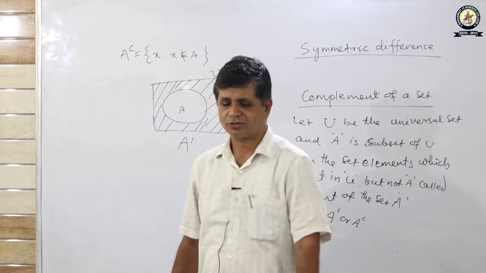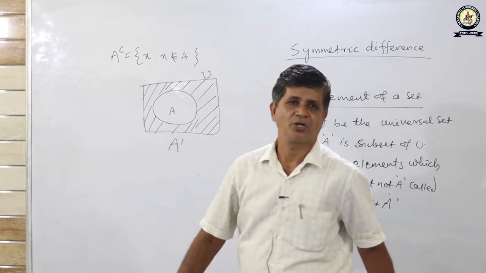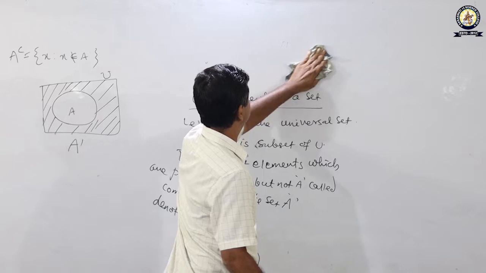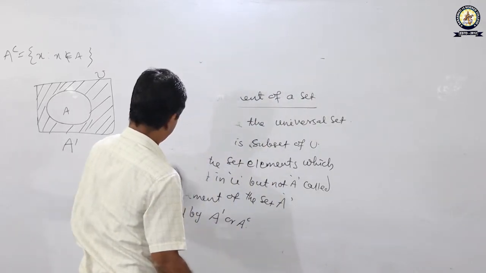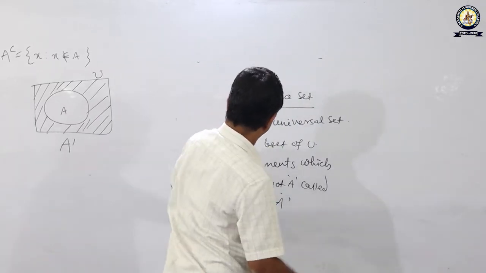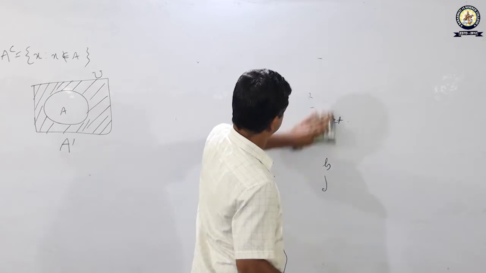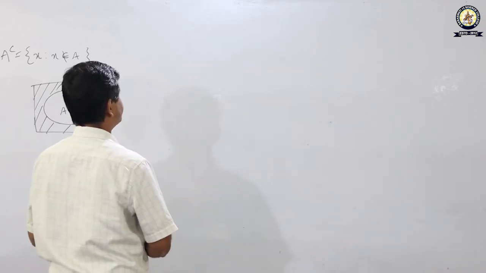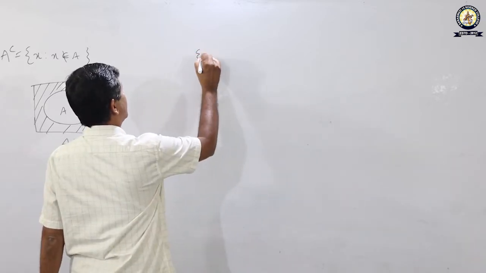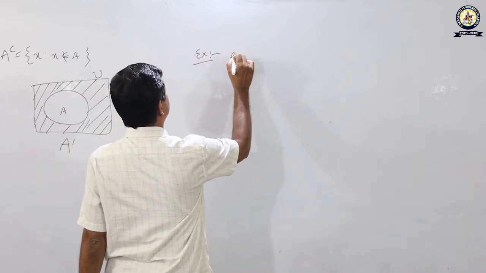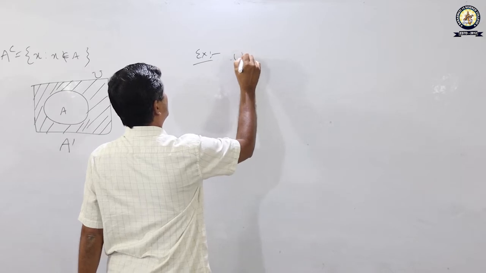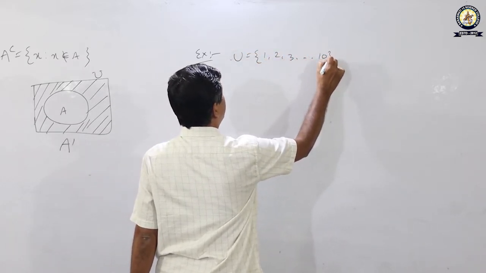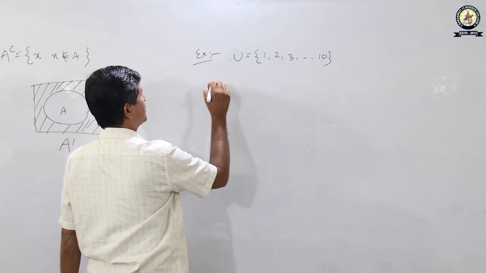Now come to an example. Suppose that the set U contains the elements 1, 2, 3 up to 10, only the naturals.